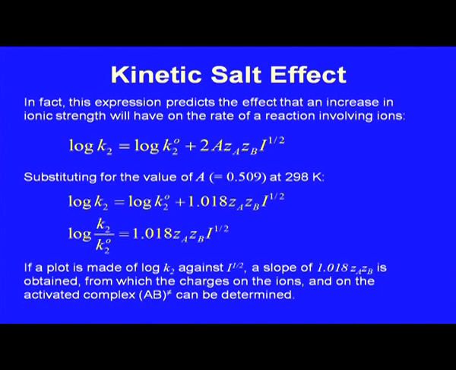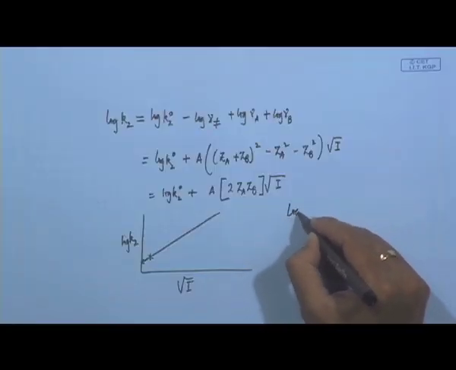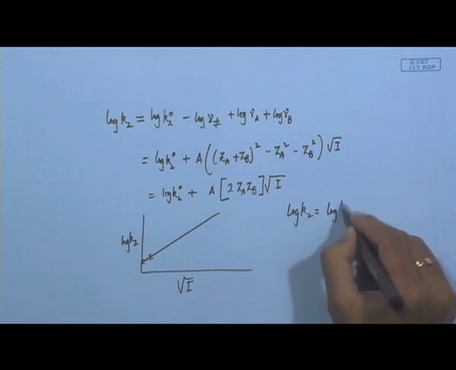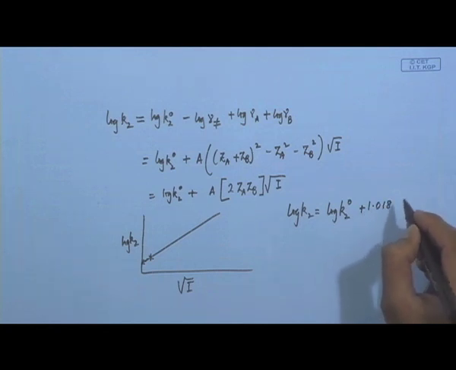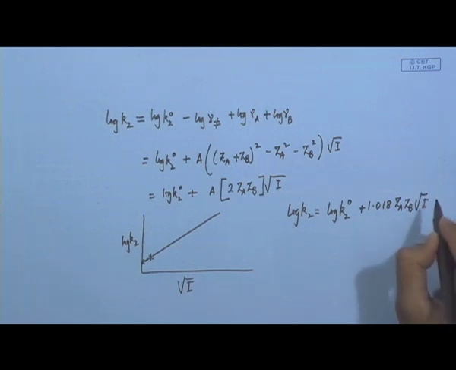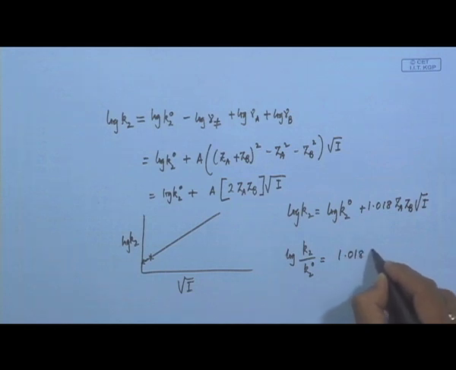Now, for water at 25 degree centigrade, 298 Kelvin, if we put the numbers, then log K2 is equal to log K2 0 plus 1.018, because 0.509 is A and 2 into 0.509 is 1.018, times ZA ZB square root of I. So log K2 by K2 0 is equal to 1.018 ZA ZB square root of I.